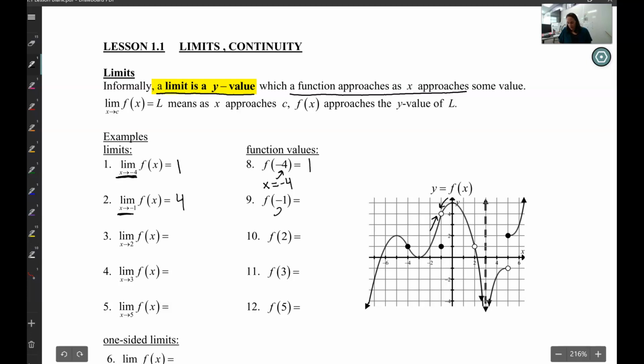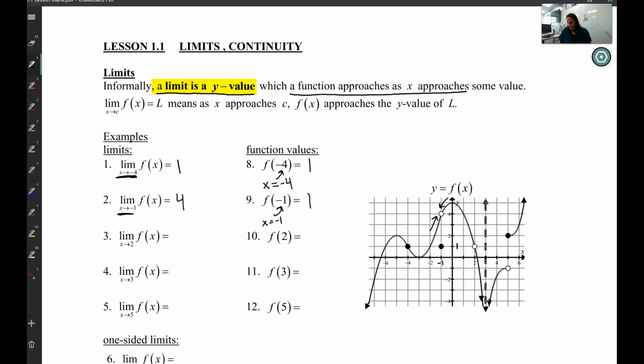But if I look at where x equals -1, there's a hole. So it's not going to be 4. That hole is filled right here. So if I were to plug -1 into this function, it would give me a y value of +1. So that shows you the difference between approaching an x value through a limit versus when you just plug an x value in.